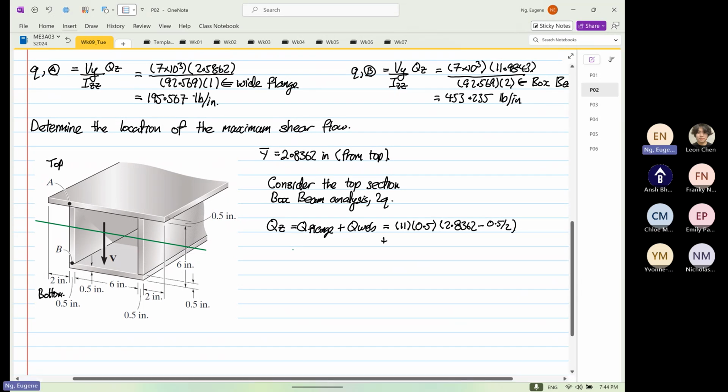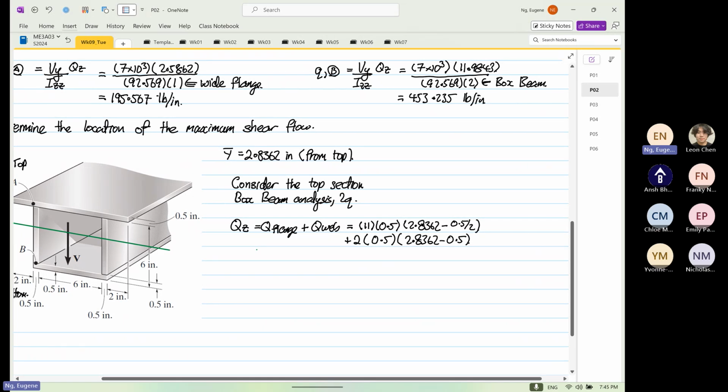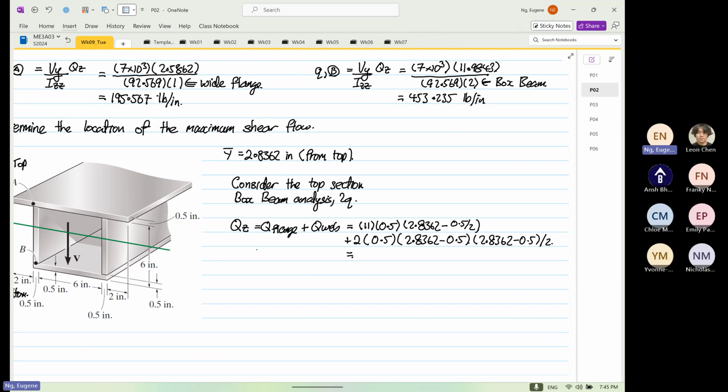And then we're going to have a plus. The web, we have 2 webs. The width is 0.5. The depth is 2.8362 minus the thickness. So this is the actual depth, and then we're going to take the actual depth and divide by 2. Okay. So this will be equal. You have to be really careful down here, okay? 2.8362 minus 0.5 divided by 2, times 11 times 0.5.